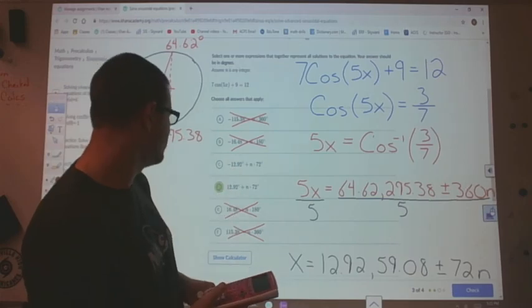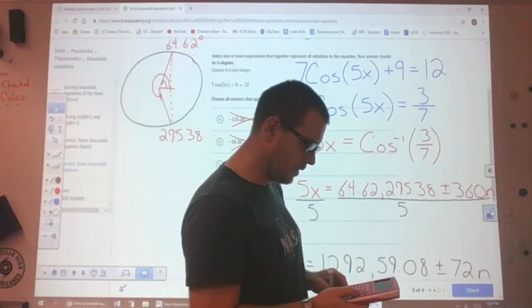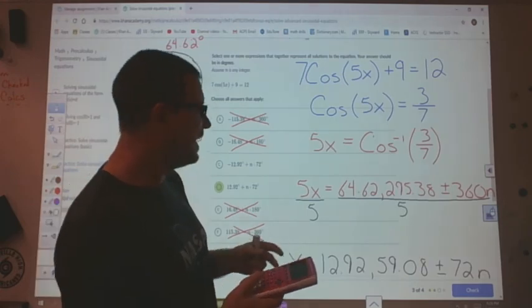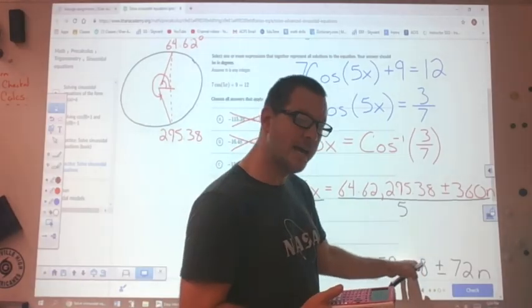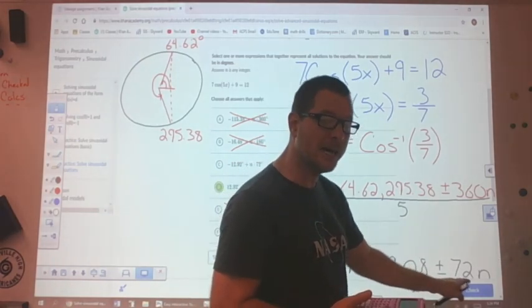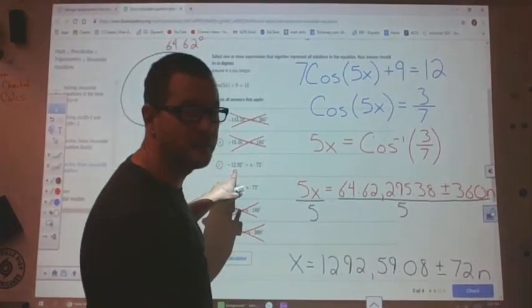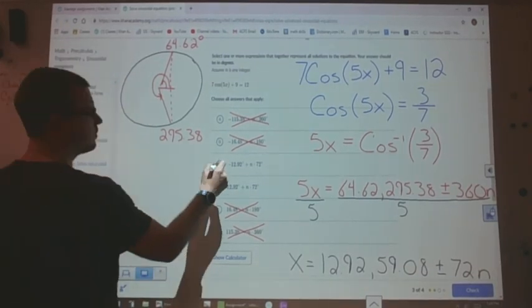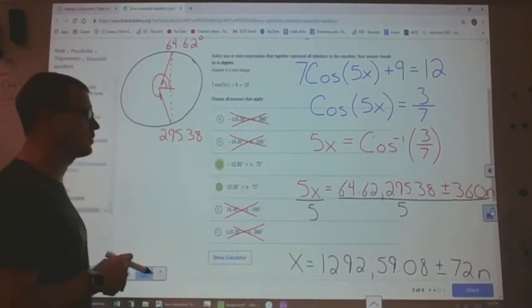That's not that one. Let's look at what happens with 59.08 though. 59.08 minus 72 is negative 12.92. So we have to check all our possible answers because that also works.